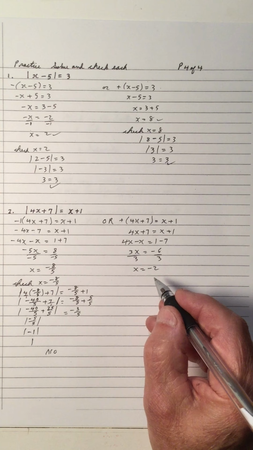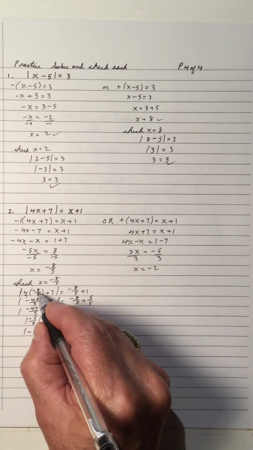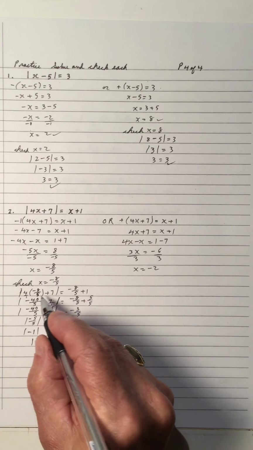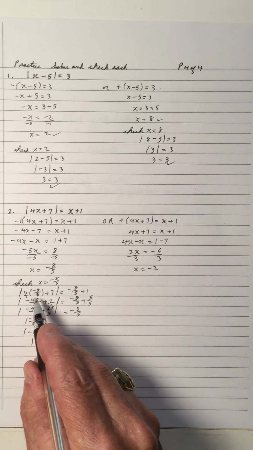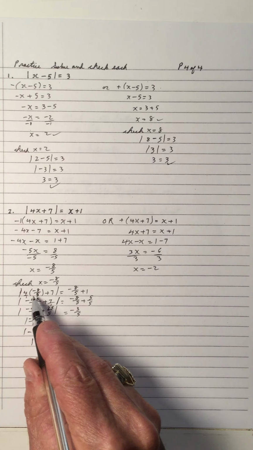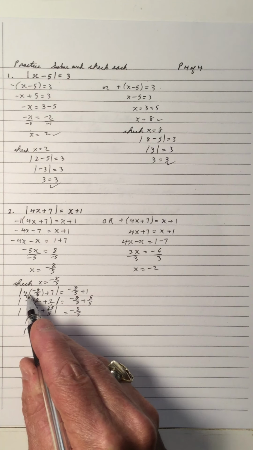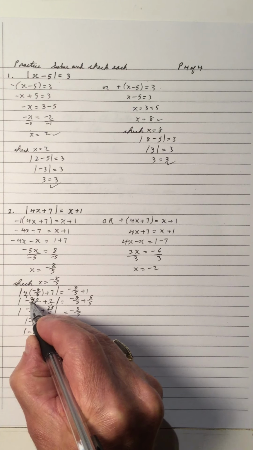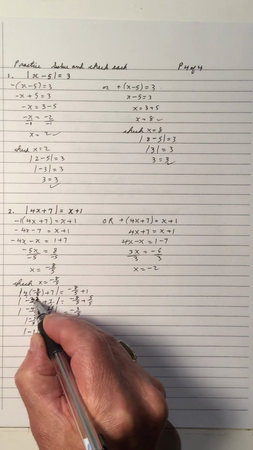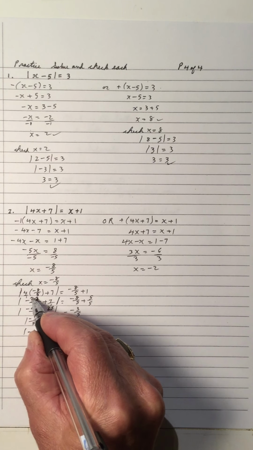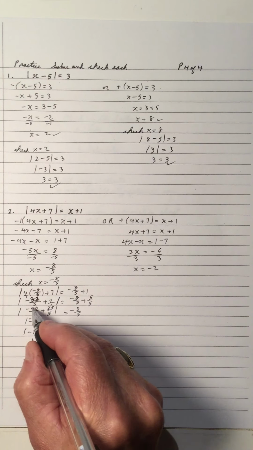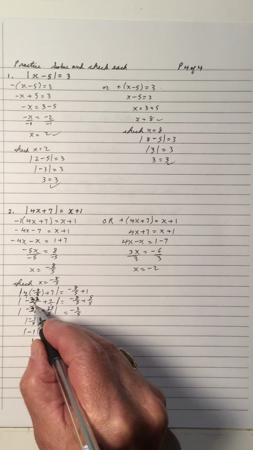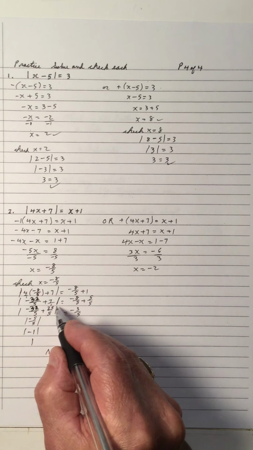But let's check the negative 2. I just checked the negative 8 over 5 now, just making sure. No, 4 times 8 is 32. That's what I said, I gotta check.